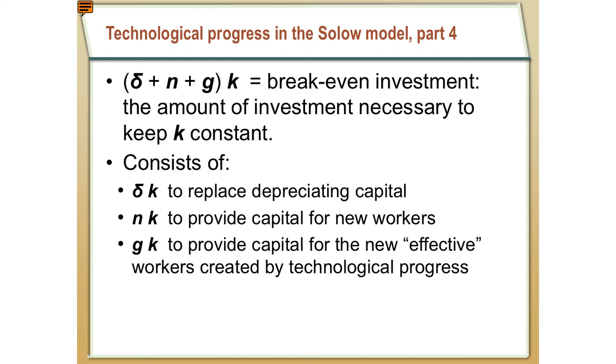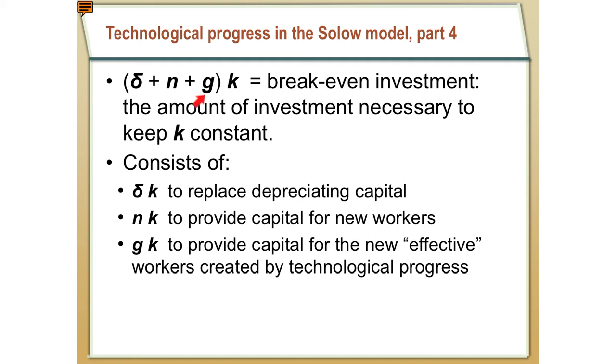So we still have break-even investment in this setup. We still have the amount of capital that we need to keep the amount of capital per effective worker constant. We just now, instead of having delta plus n, have delta plus n plus g. So again, we're adding another small number here. g is going to be something on the order of 1, 2, 3% typically in these sorts of problems.